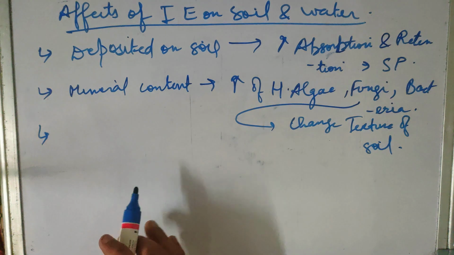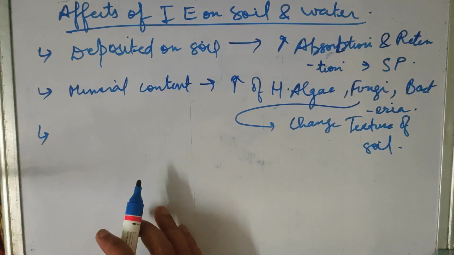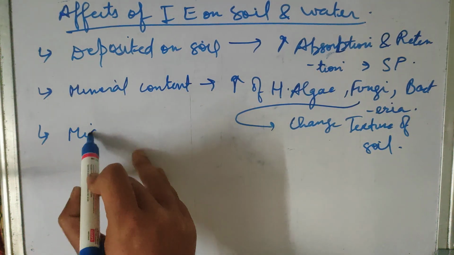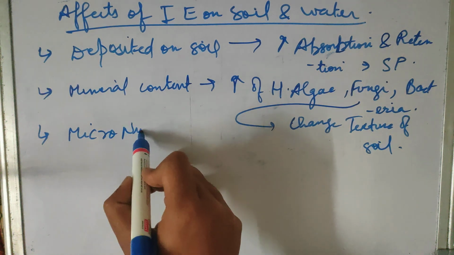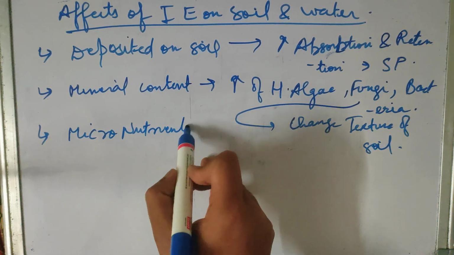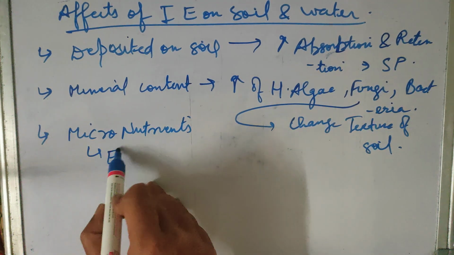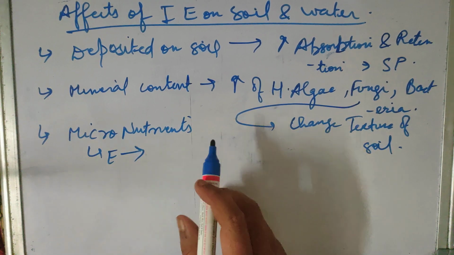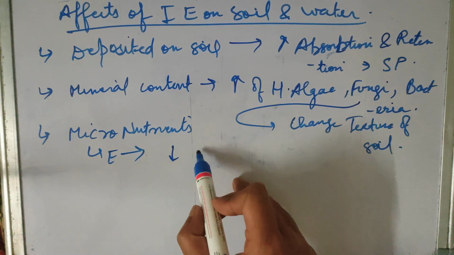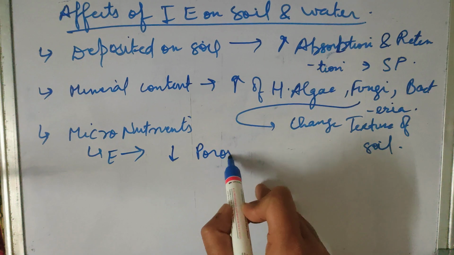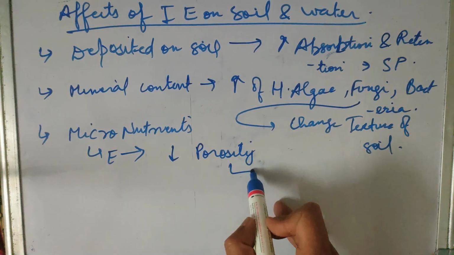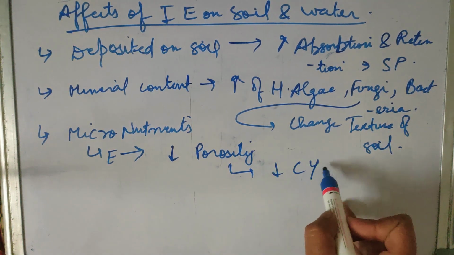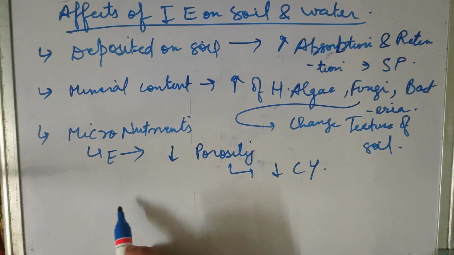The micronutrients discharged in soil through effluents reduce porosity of the soil, which in turn leads to low crop yields, poor yields.